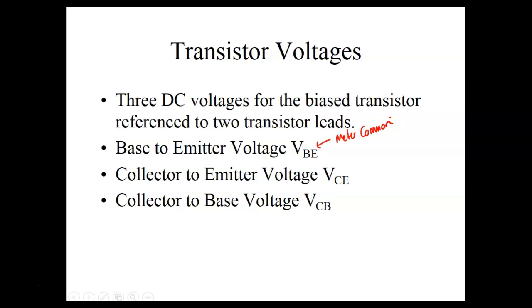So base to emitter, it means I'll put the black lead on the emitter. And then I'll come over here and I'll put the red lead of my meter on the base. And I will measure my voltage base to emitter.